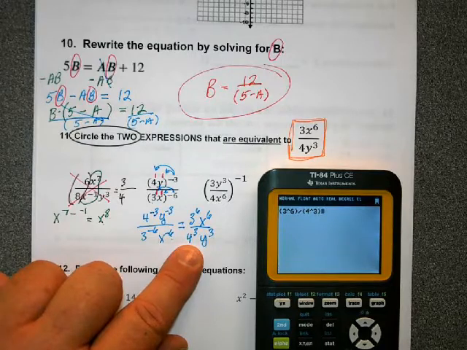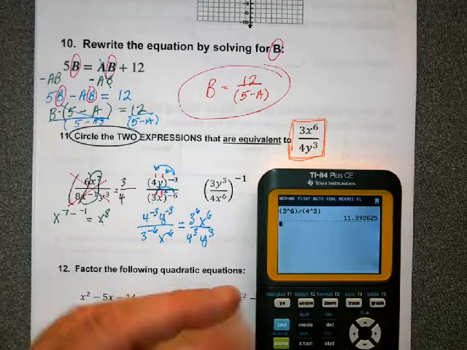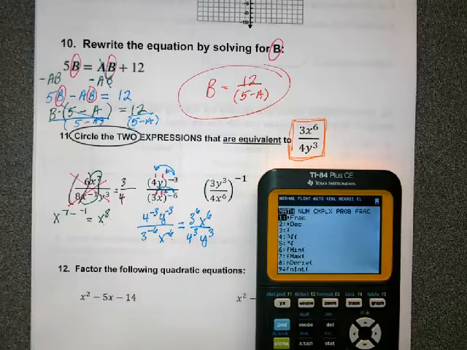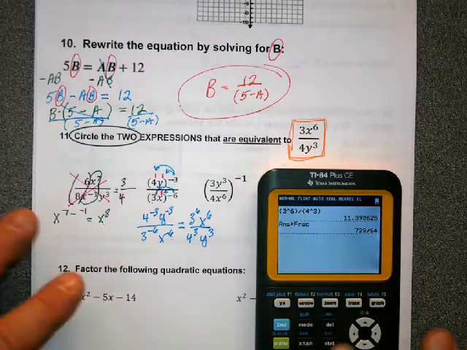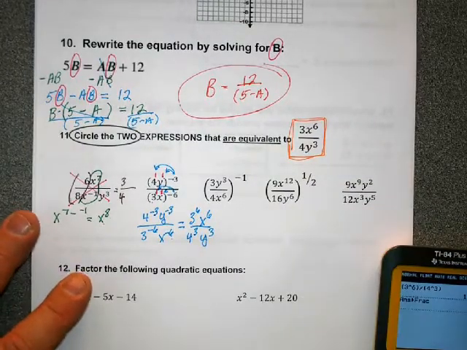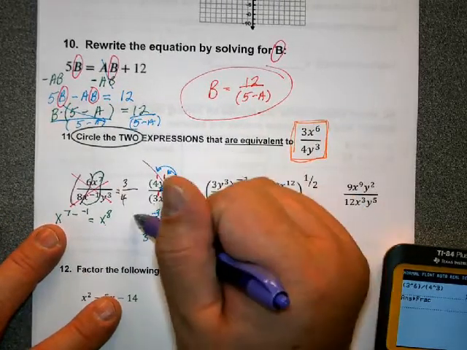I'm going to hit enter, I get a decimal, I'm going to hit enter, enter, enter, and it doesn't. So all that work that we did to find out that this one's not going to work. Bummer.